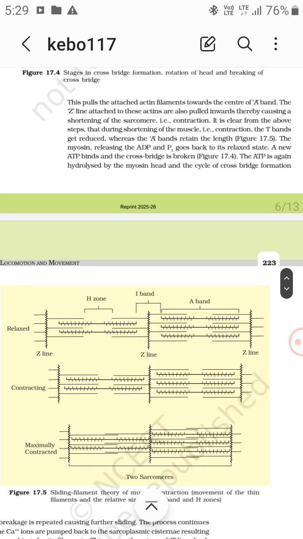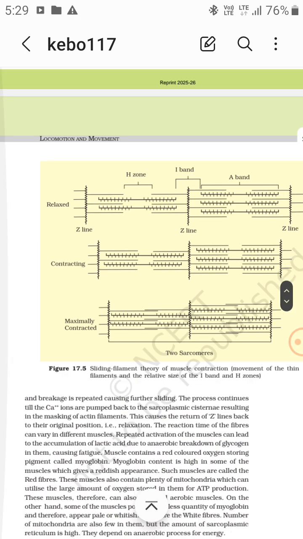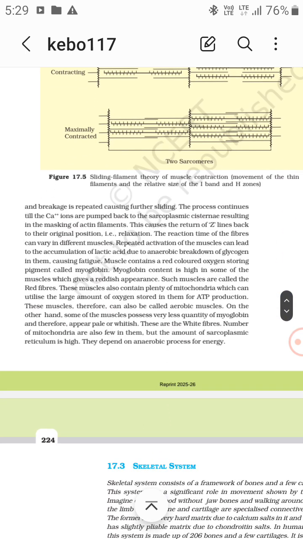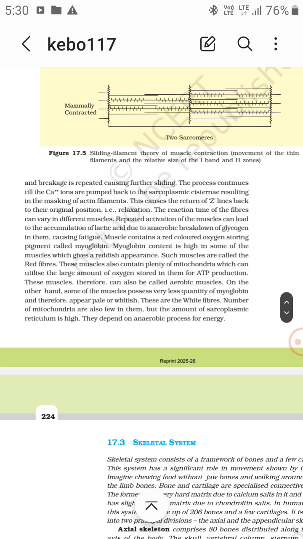The ATP is again hydrolyzed by the myosin head, and the cycle of cross bridge formation and breakage is repeated, causing further sliding. The process continues till the calcium ions are pumped back to the sarcoplasmic cisternae, resulting in the masking of the active sites on actin filaments. This causes the return of Z lines back to their original position, that is relaxation.